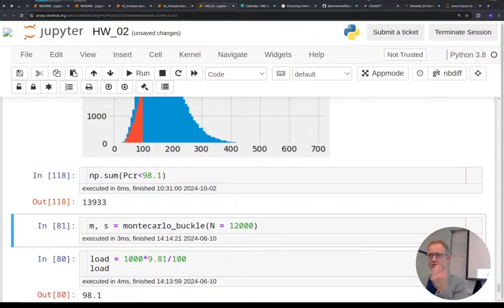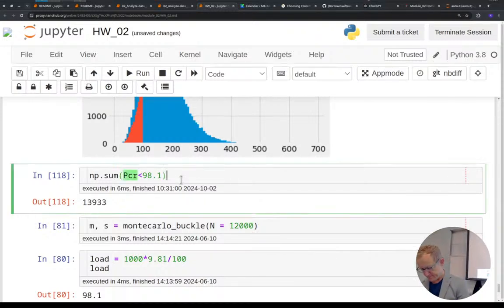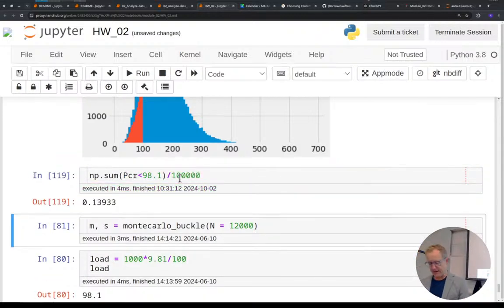So of that 100,000 I had with a 5-meter length, a 5-meter tall structure, I have 13.9% failing. So not great. That's not my 2.5%. That's not what I want yet.